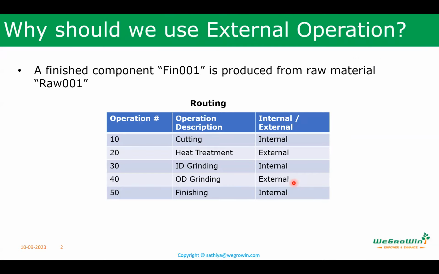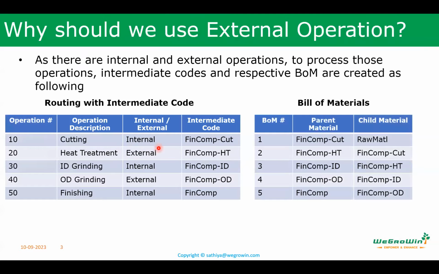In this case, what I do, I will go with cutting. If I do it, what will happen? I have to create a material BOM for this finished component with the raw material. Finished component cut, I will create one code. Then the raw material will be used for the internal production. And then the cut I will send for subcontracting.